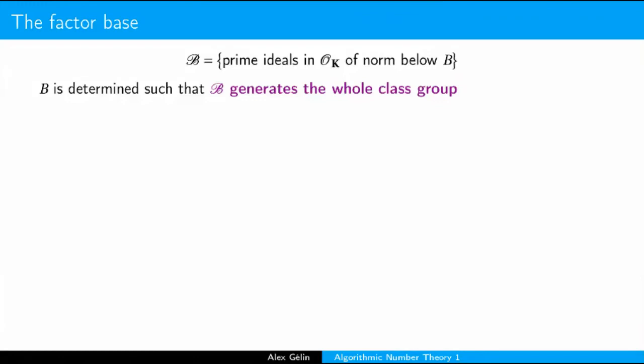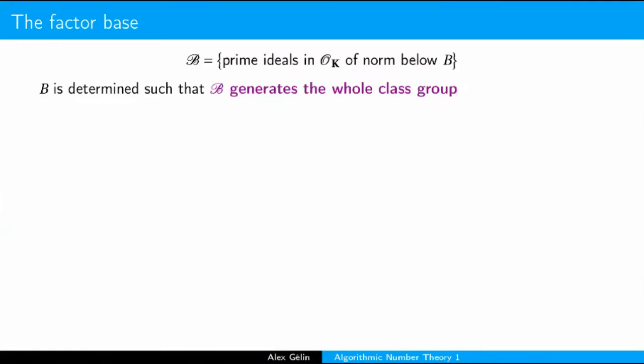Now, how does it apply to the problem of class group computations? We are working in a number field, and more precisely in the ring of integers. So we have to take small elements. What are they?